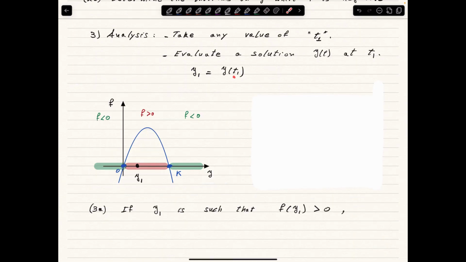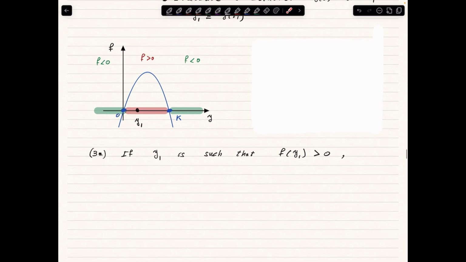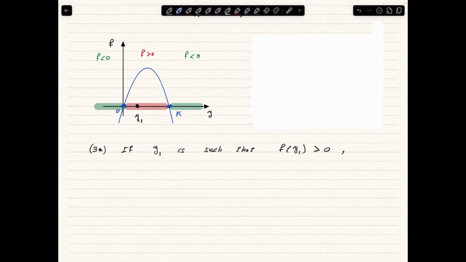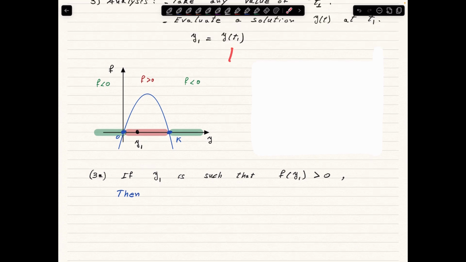Suppose that value of y1 is here. This is in the region of f positive. Okay, so what? Well, if that value is right there, then recall this value is the value of a solution at t1.